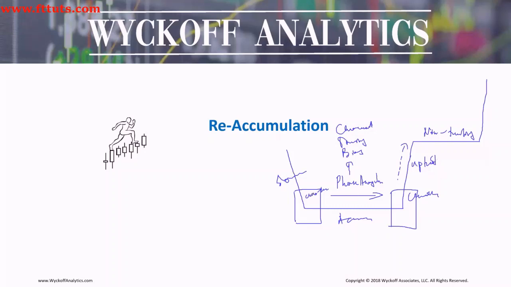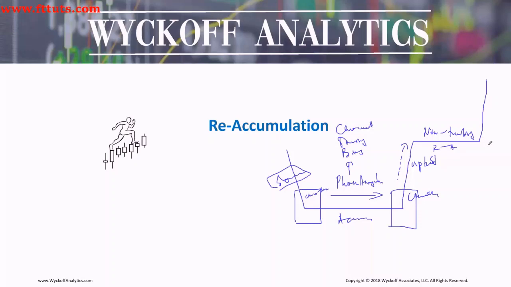In accumulation, we actually had a downtrend, and that's the only difference. So whenever I ask you what's the main difference between accumulation and reaccumulation, that's how you address this question. Accumulation had a downtrend before that. Reaccumulation had an uptrend before a consolidated environment.